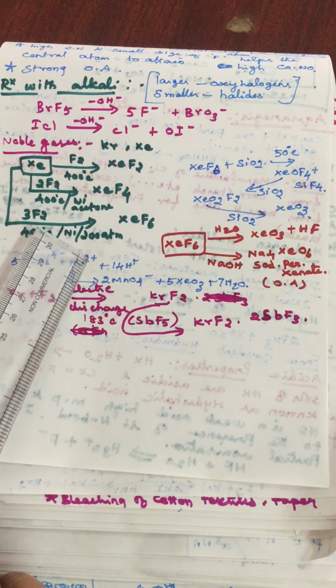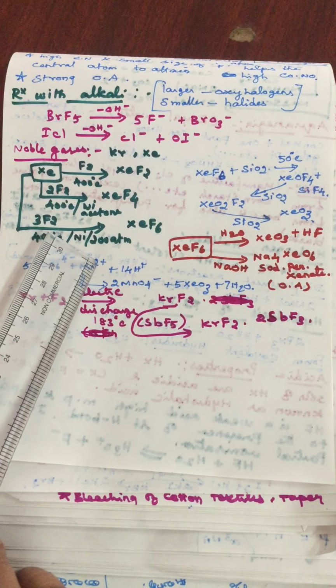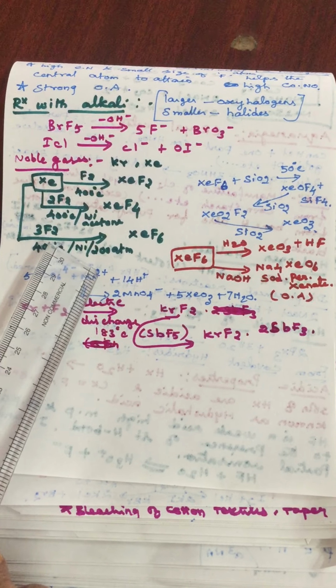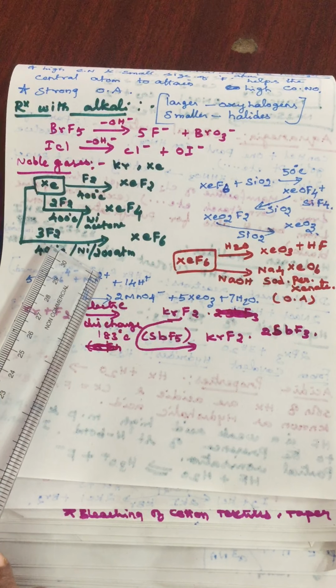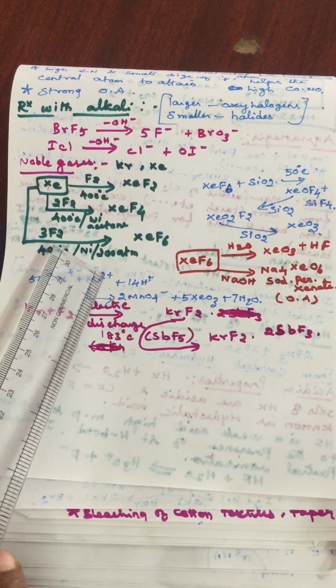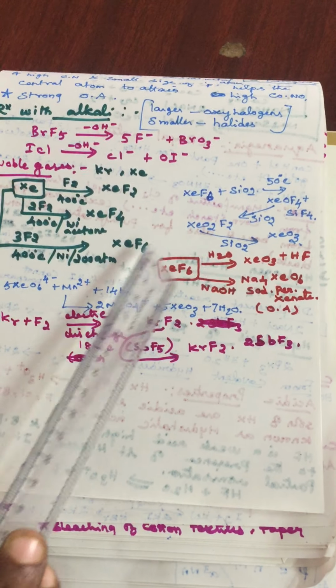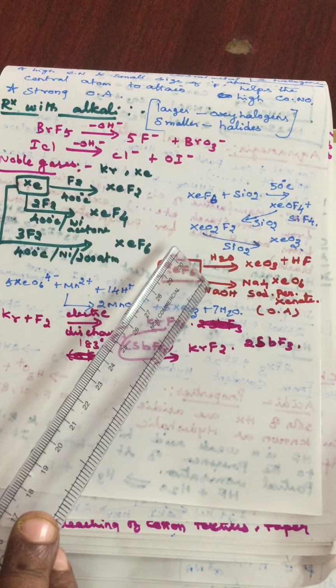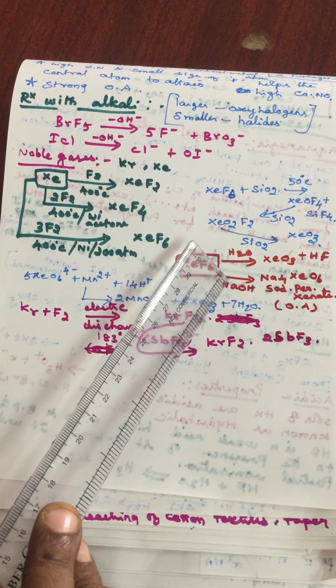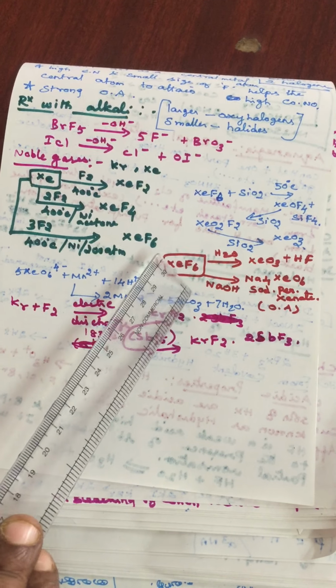So among the difluoride, tetrafluoride and hexafluoride of xenon, the hexafluoride shows somewhat more reactivity. Xenon hexafluoride, when it undergoes hydrolysis, gives XeO3, xenon trioxide, and hydrogen fluoride is formed.